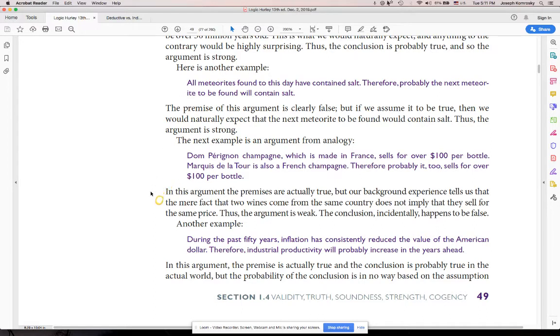It turns out, we'll read down here, this argument, the premises, they are actually true. But our background experience tells us that the mere fact that the two wines come from the same country does not imply that they sell for the same price. So what this suggests is that the argument's weak. Now what that means is even though the premises are true, the conclusion doesn't really follow. Okay, so it's a weak argument, and therefore it's uncogent.